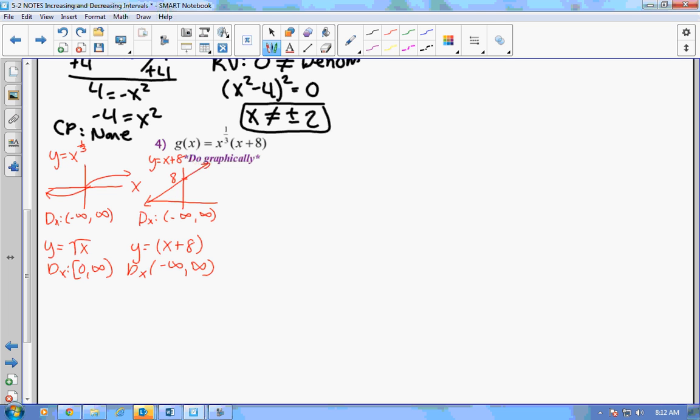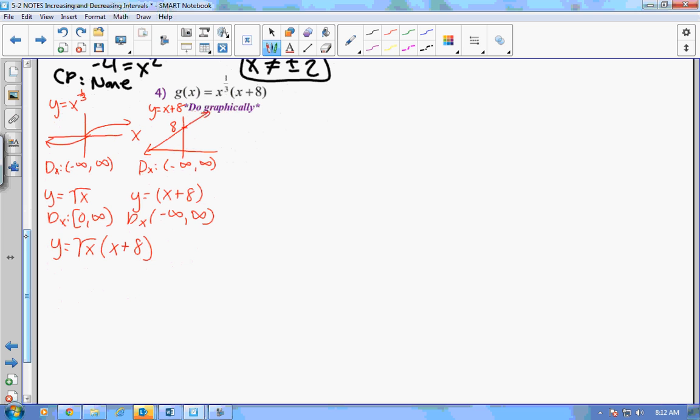Okay, so when we put them together, can we put any x value in for that square root? No, what's the smallest value you can put in? 0. So the domain would have to take this domain. The other one, the linear, can take any x value. But we have a restriction right there.